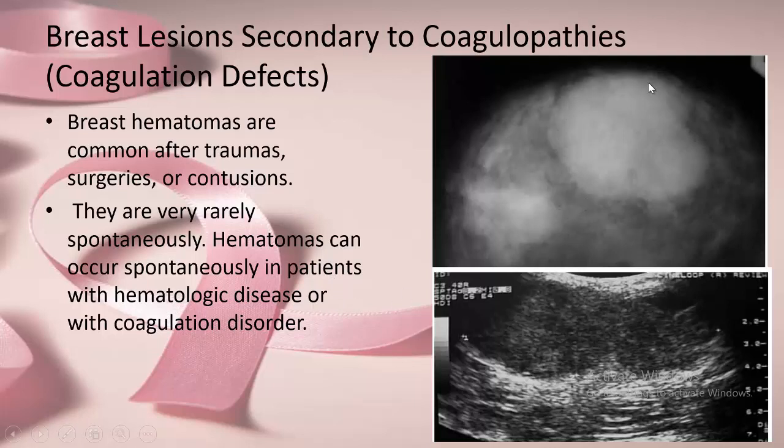This case was a female, 22 years old, and she came to us with a hard breast lump. On doing mammogram, it's not one, it's two breast lumps, and on ultrasound, they are macrolobulated lesions, but very important here is to use Doppler. They are not vascular on color Doppler.